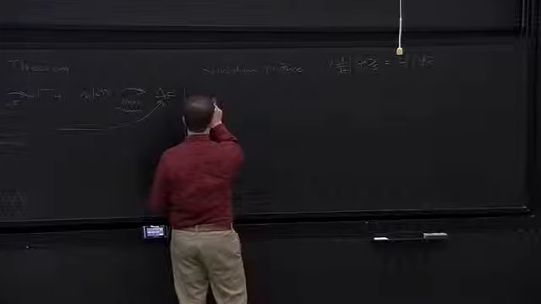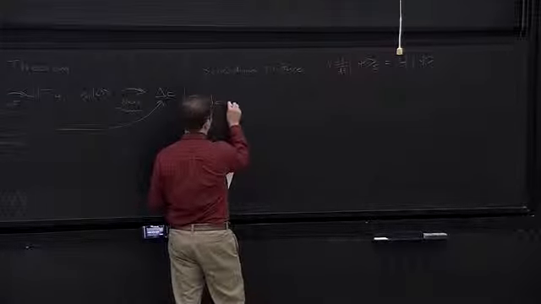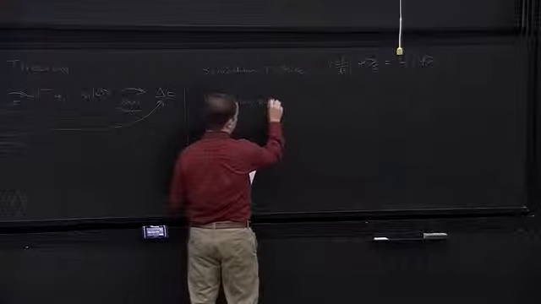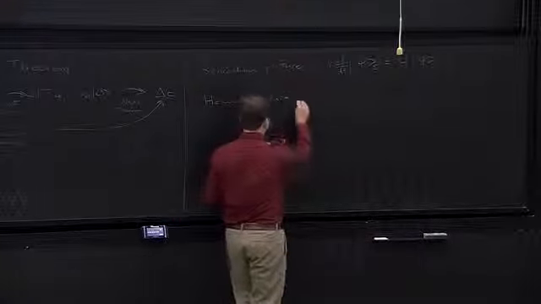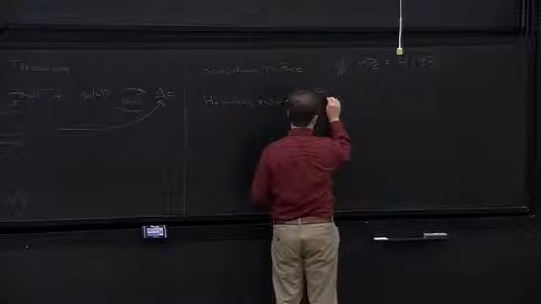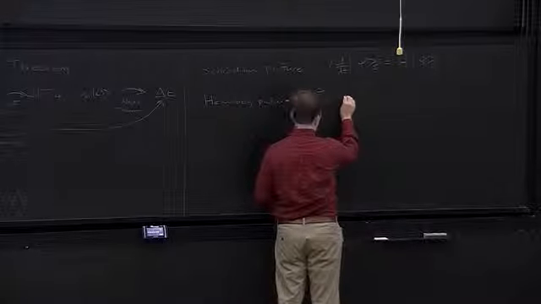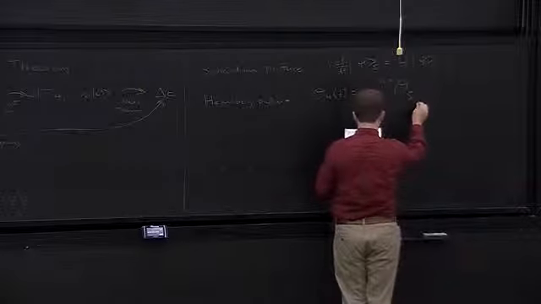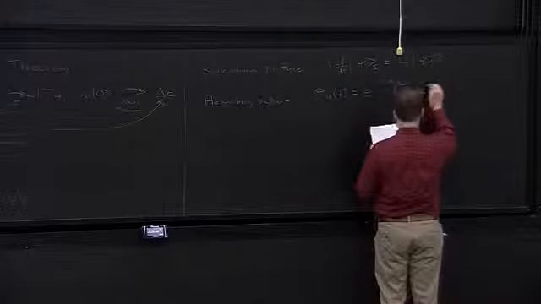And in the Heisenberg picture, the operators evolve. The operators in the Heisenberg picture are related to the operators in the Schrodinger picture the usual way. And I just want to introduce some different notation for this.